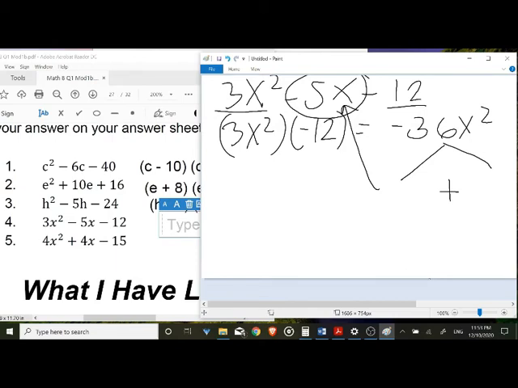Hindi yan pwede kasi dapat negative 5 ang labas. What are other factors? 36 divided by 4. 9. Let's try 9 and ayan, 4. Para 9 minus 4, that is 5. So, sino ang may negative? 9. Para negative 9 plus 4, negative 5.